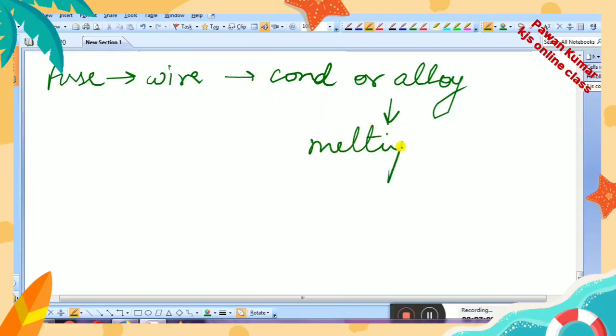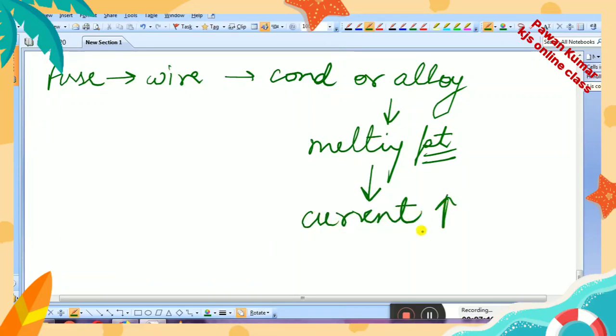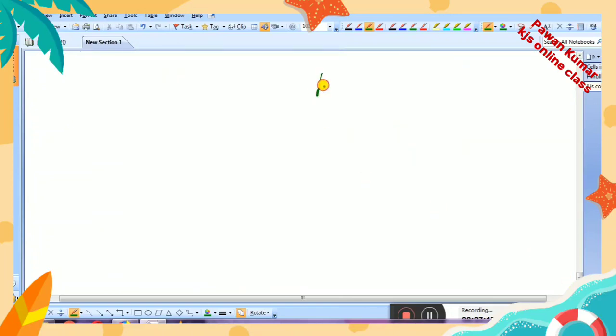But what type of conductor or alloy? Of a particular melting point, having a particular value of melting point, such that when current goes high, more heat will be produced. That produced heat will melt the wire of the fuse.